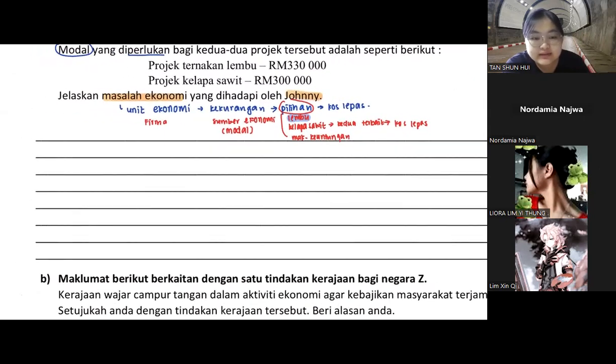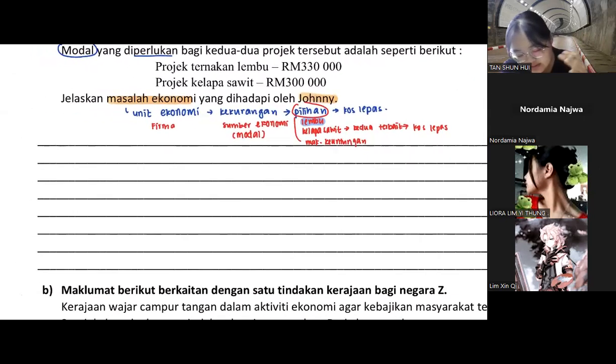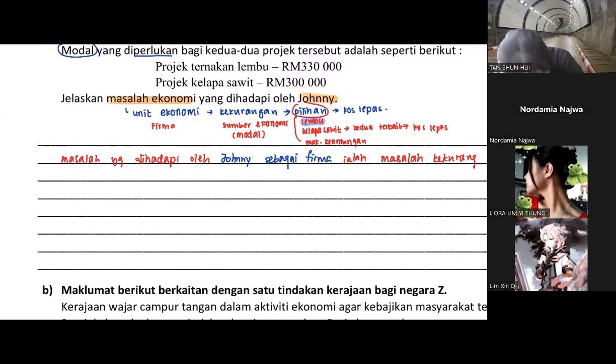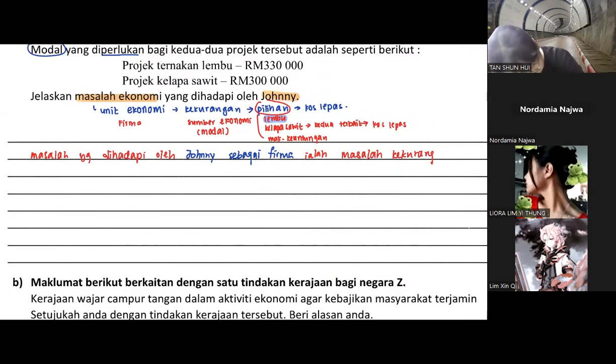Okay. Now, here. So the first one, you're going to see masalah yang dihadapi oleh Johnny sebagai freeman ialah masalah kekurangan sumber ekonomi.